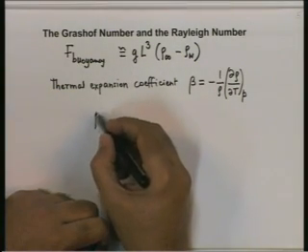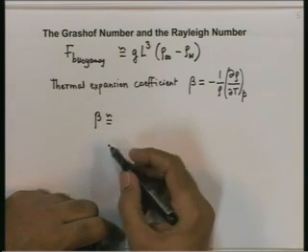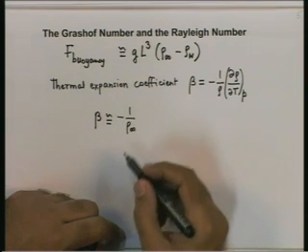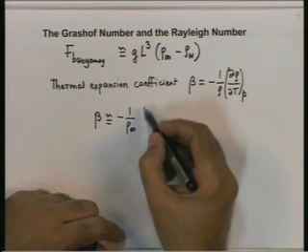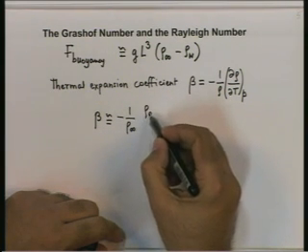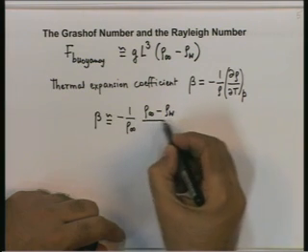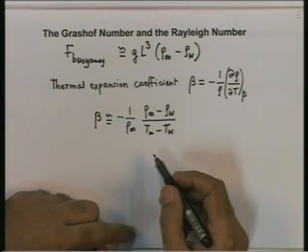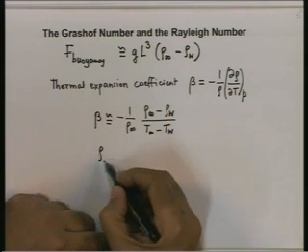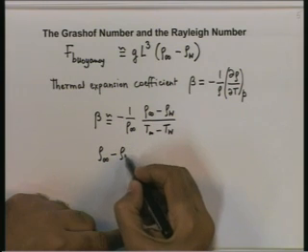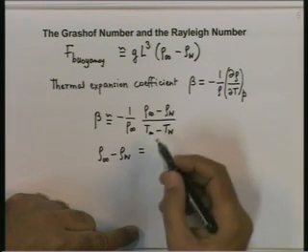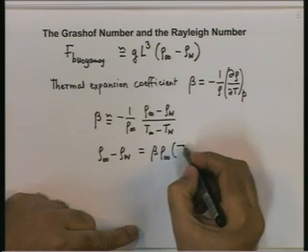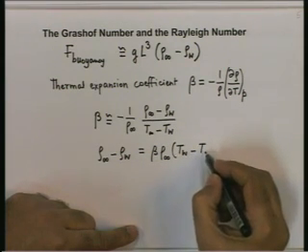Now, this can be approximated as minus 1 over, say, the bulk density rho infinity, multiplied by the ratio of rho infinity minus rho w to T infinity minus T w, which gives us rho infinity minus rho w to be equal to beta rho infinity times Tw minus T infinity.